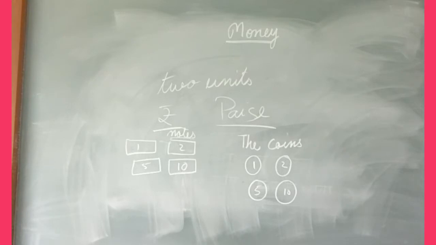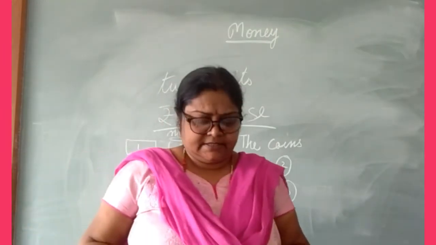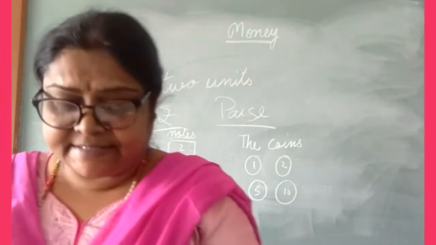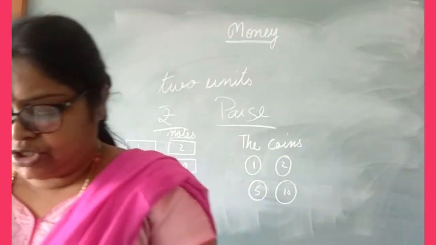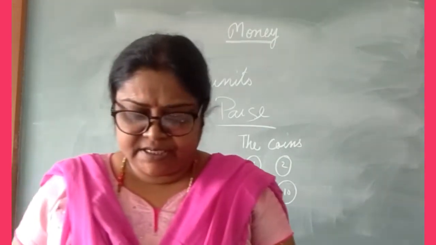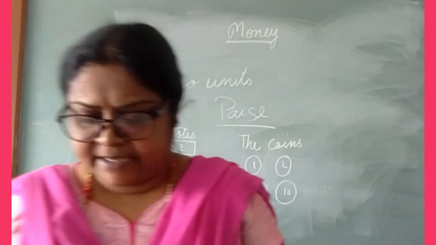Okay. So one question is here. Ritu and Anil each want to buy a bat. The cost of that is rupees 70. Ritu has two notes of rupees 50 and 20. Will she be able to buy the bat?